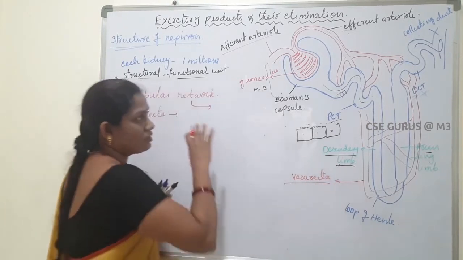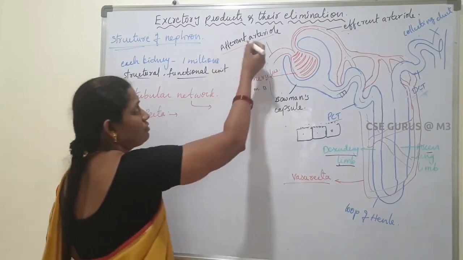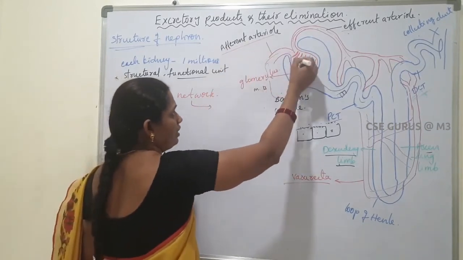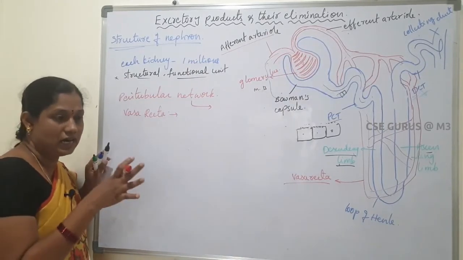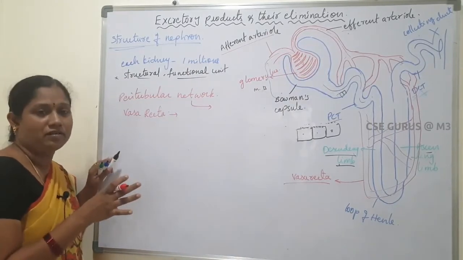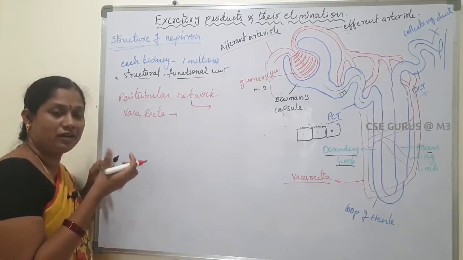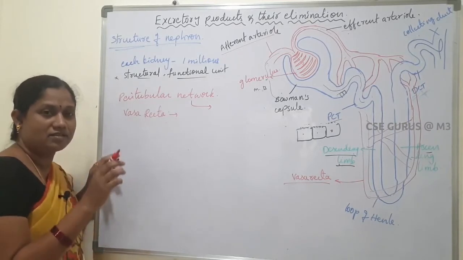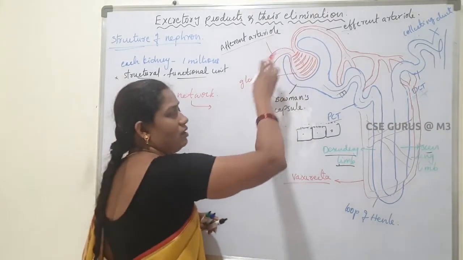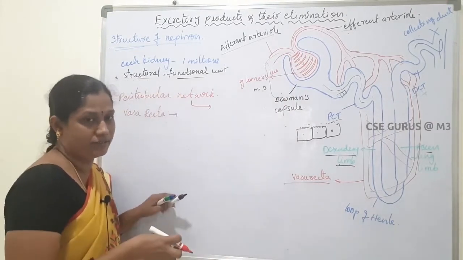In the vasa recta, blood flows through. First, through the afferent arteriole, blood enters inside. The afferent arteriole has a larger diameter, and the efferent is smaller in diameter. As a result, some pressure is developed in the glomerulus, and that pressure is very helpful for the filtration process.